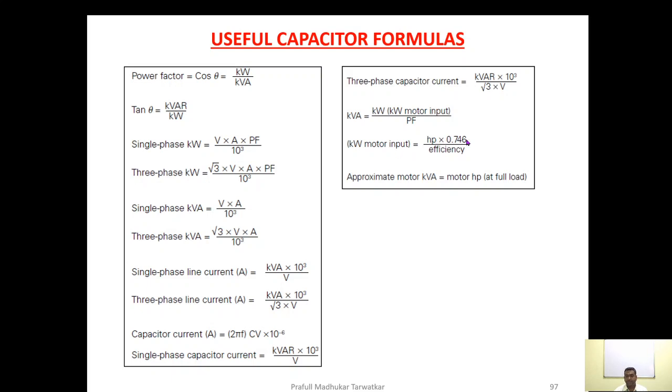kW equals HP into 0.746 divided by the efficiency of the motor, and approximate motor kVA can be calculated by using motor HP at full load conditions. So these important formulas are required to be understood by each and every student before going for power factor consideration or the power factor improvement formula.